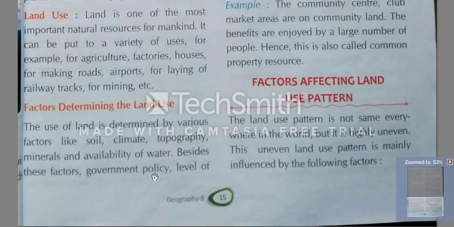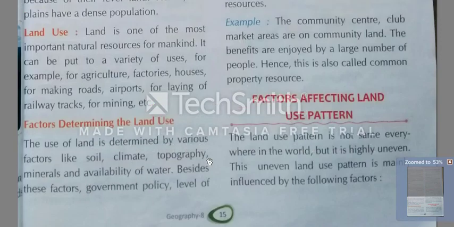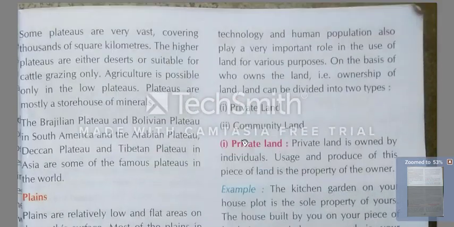Besides these factors, government policy, level of technology, and human population also play a very important role in the use of land for various purposes. We have all these things, but along with them we need some extra things also, for example technology, government policies, human population, knowledge.